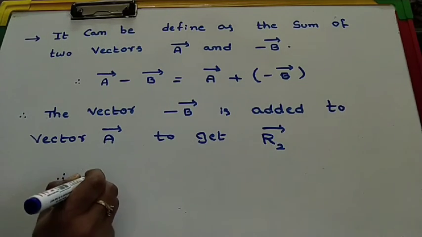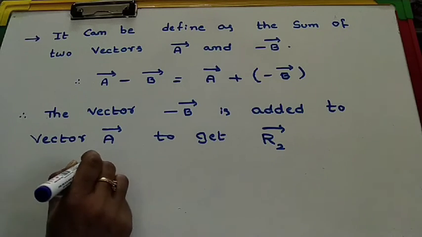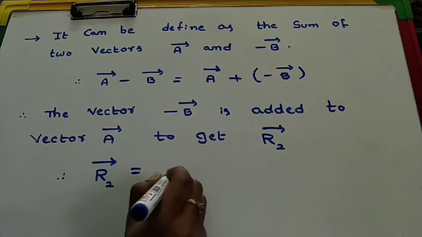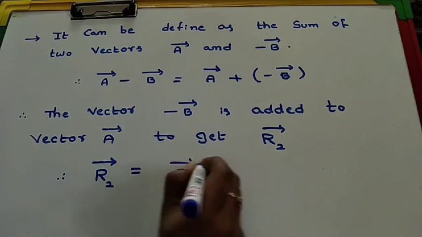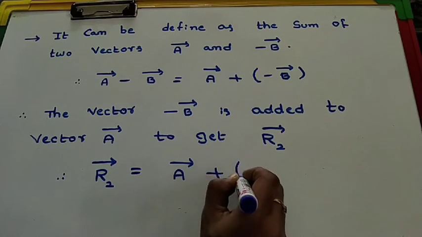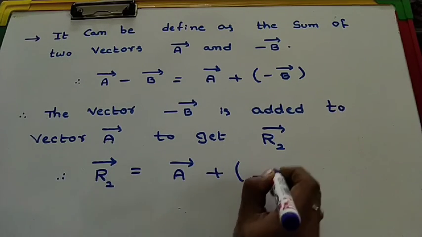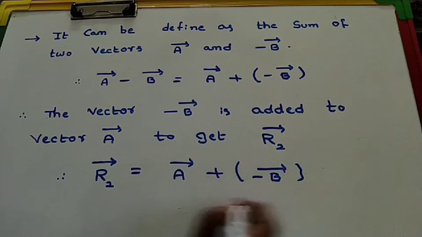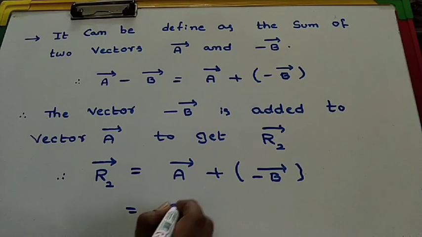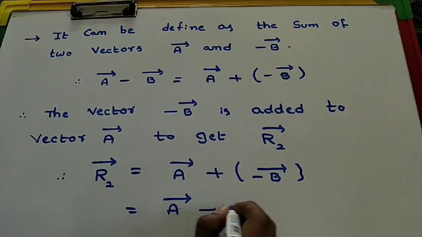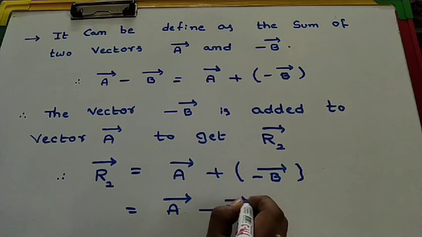Therefore, the R2 vector is equal to A vector plus of minus B vector, that is equal to A vector minus B vector.